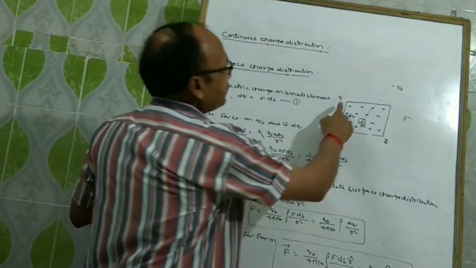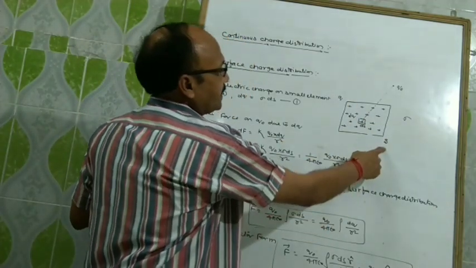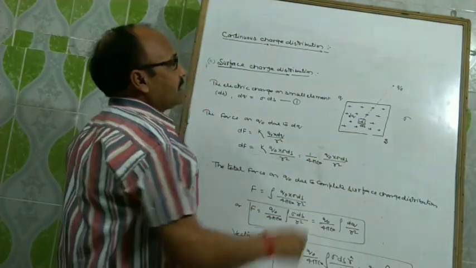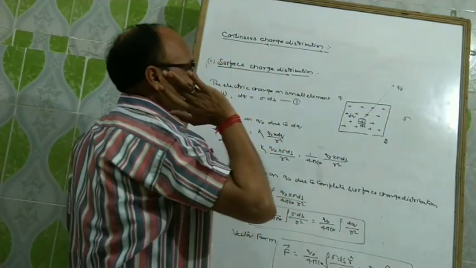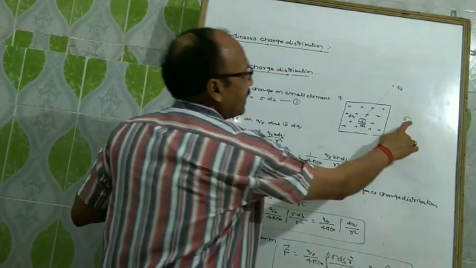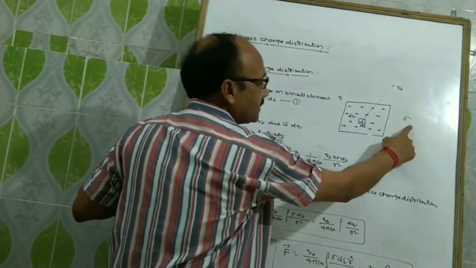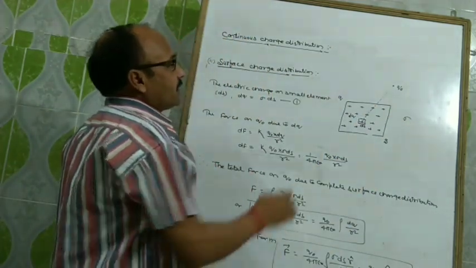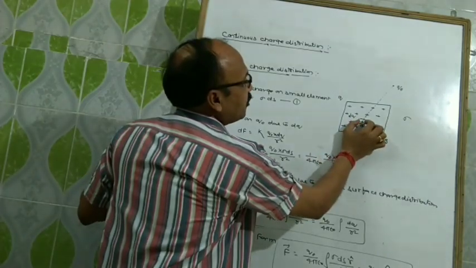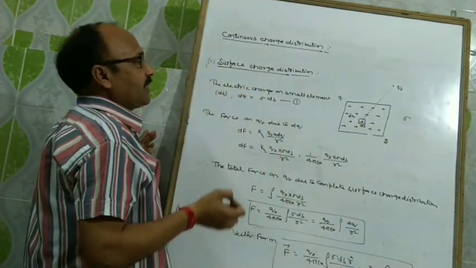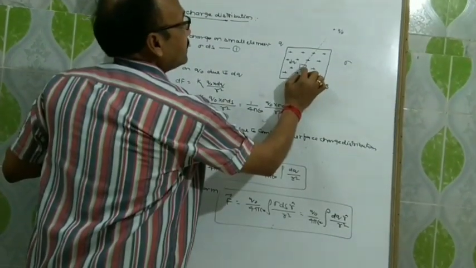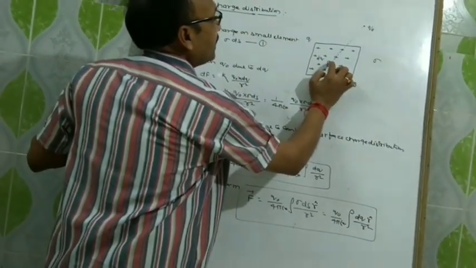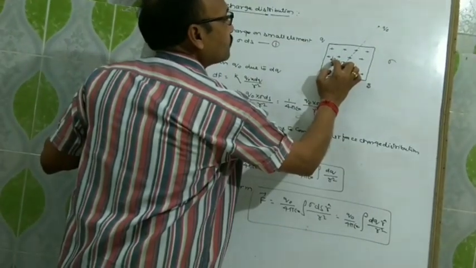So in this case we are taking a sheet of surface area S, plus q charge is uniformly distributed on the surface of the sheet. Sigma is the surface charge density of this sheet. ds is the small part of this sheet. We are taking a small element of this sheet, and the charge on this small element is suppose dq.